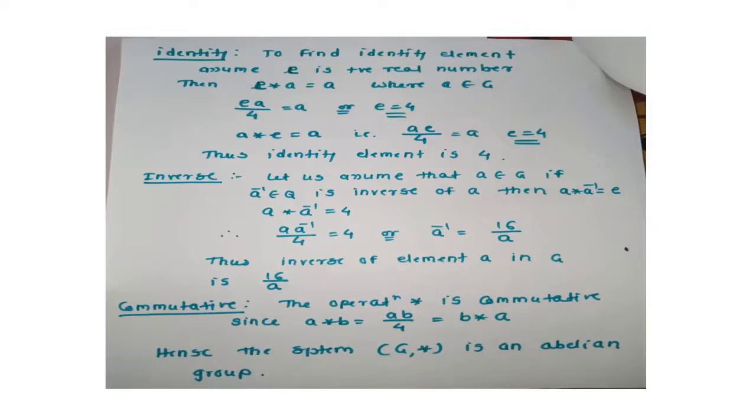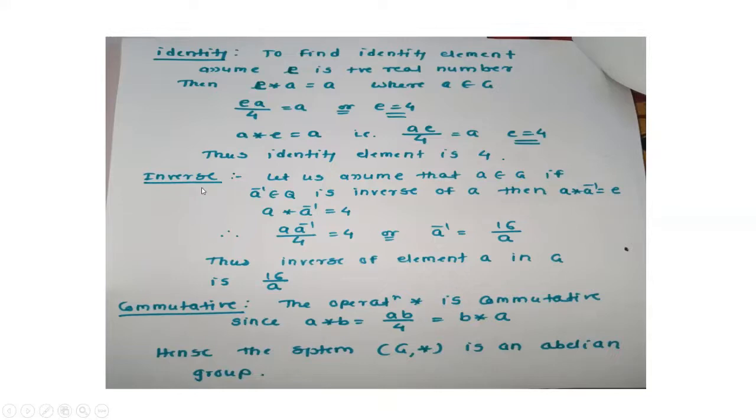So EA by 4 is equal to A, and A gets cancelled. So E is equal to 4. Here we get one identity element, that is 4. Also A star E is equal to A, the same here, A by 4 times E with E equal to 4 gives A. Thus the identity element is 4.